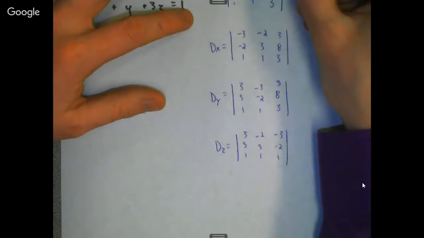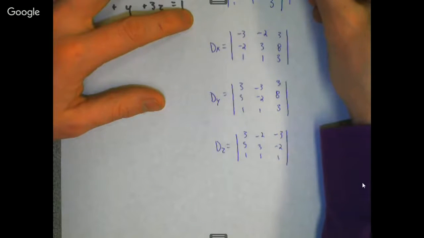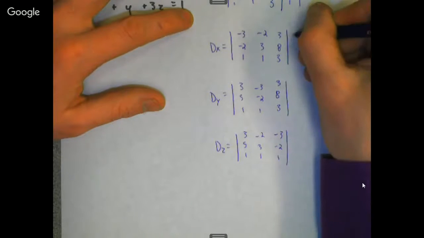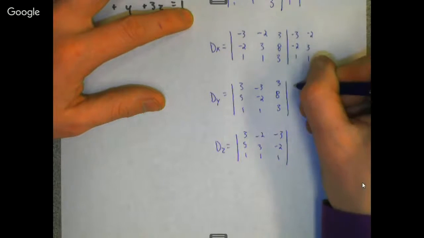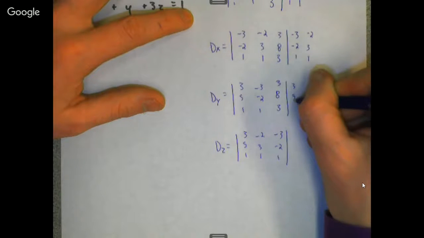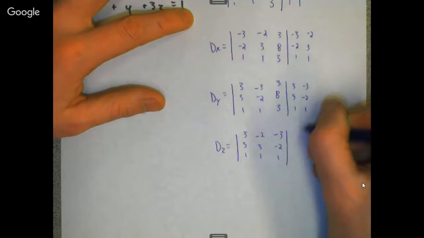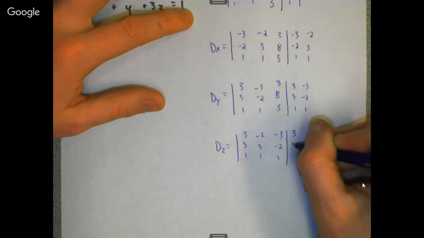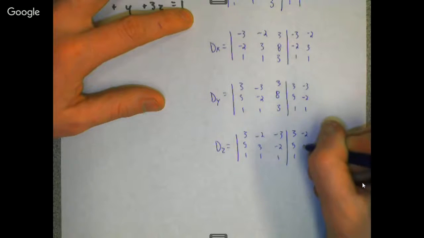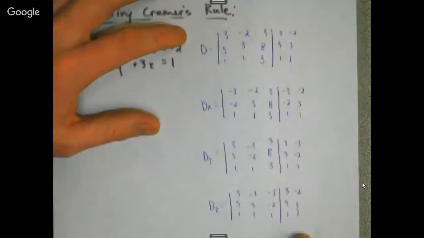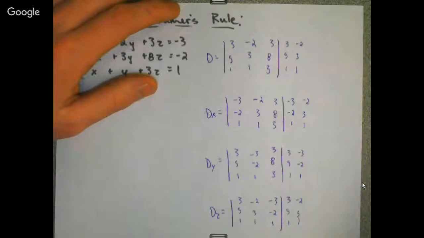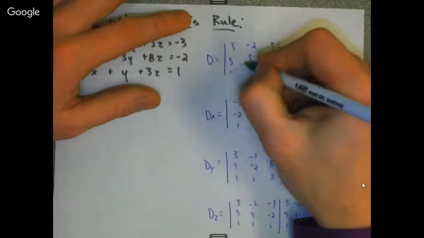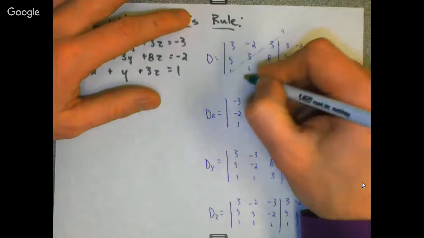So we'll repeat the rows. Okay, and then we will simply multiply on the diagonals. Again, a calculator is really handy for some of this quick math.